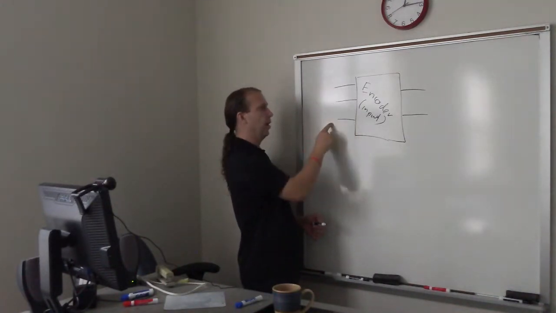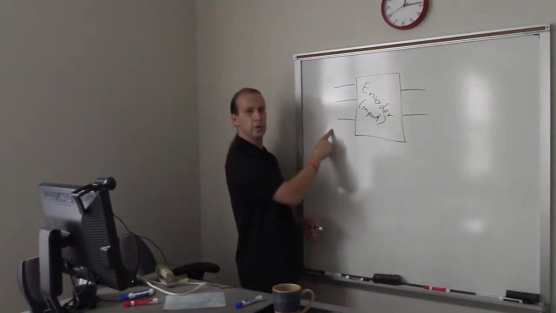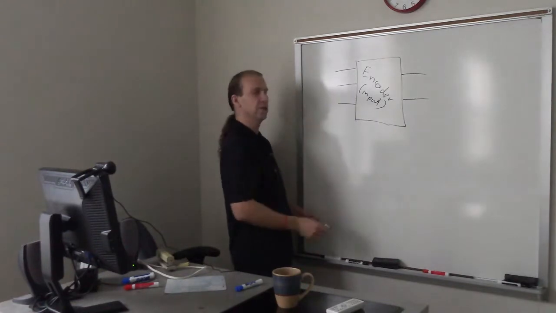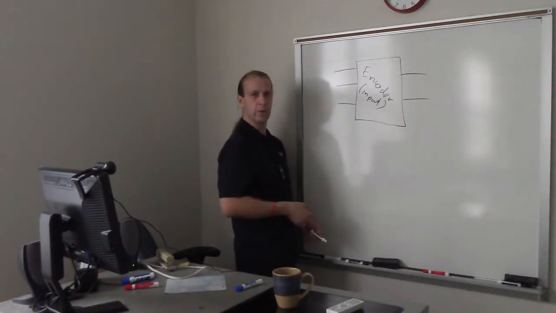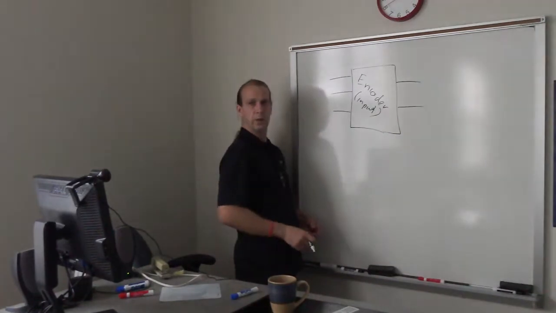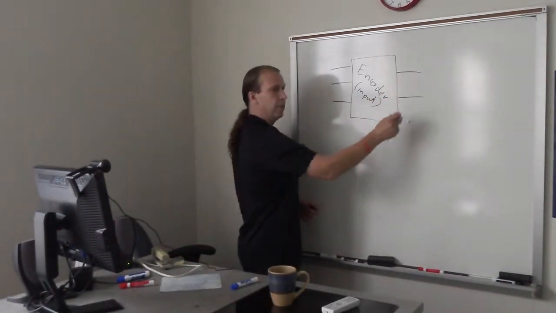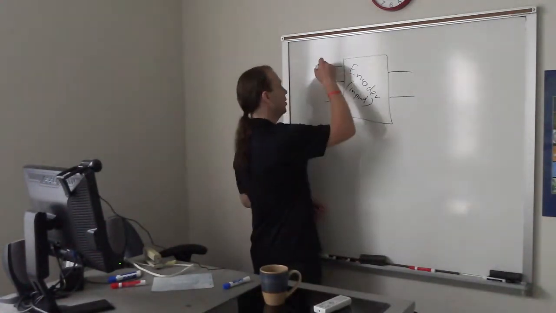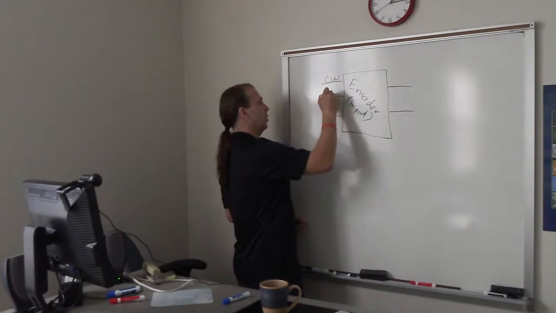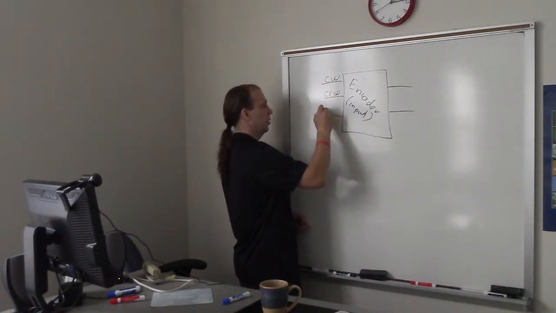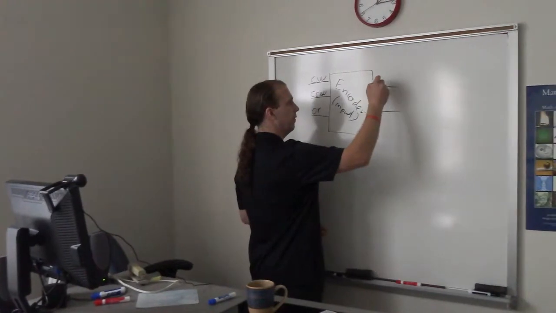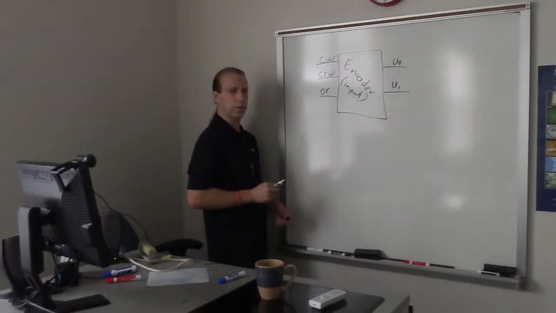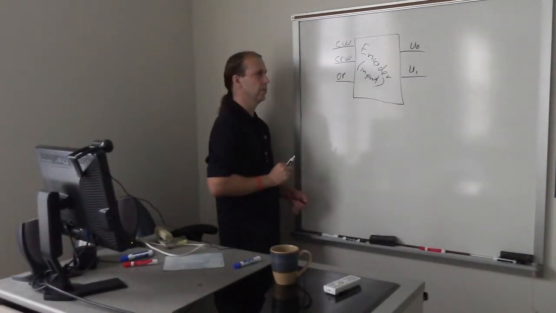But 0, 0, 1, or 0, 1, 0, or 1, 0, 0, or 0, 0, 0, the 4 possible combinations, is what we want. 4 possible combinations can be encoded with 2 bits. So these 2 bits represent our encoding scheme. Here we have clockwise, counterclockwise, and OP, and here I will have U0, U1. So these will be our input bits.